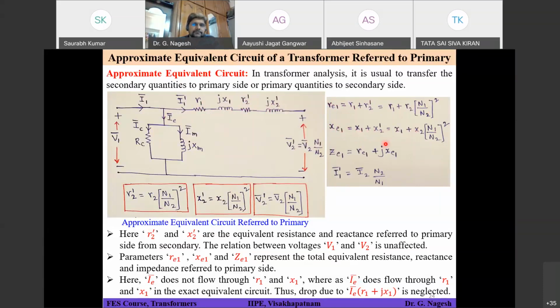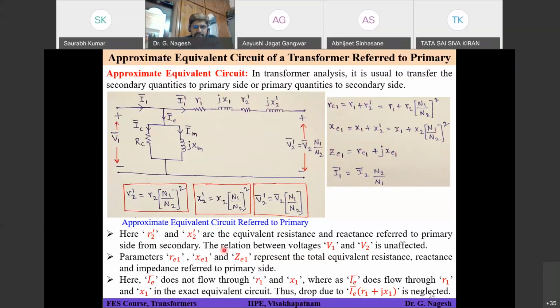Got it? And the total impedance will obviously be Re1 plus j into Xe1, a simple addition of these two. And what is I1 dash? We already know, I1 dash is equal to I2 into N2 divided by N1. Only the current is in reverse ratio. Remaining things are in the direct ratio. Got it?